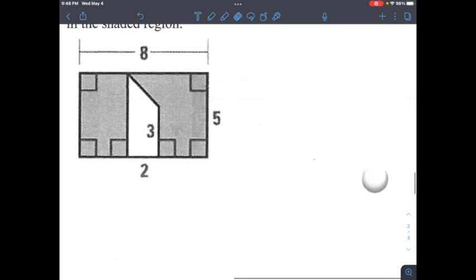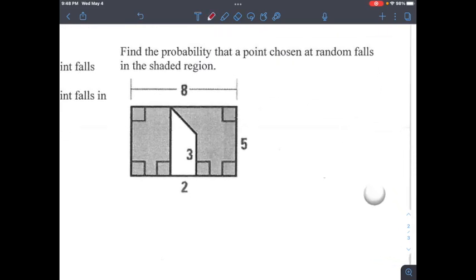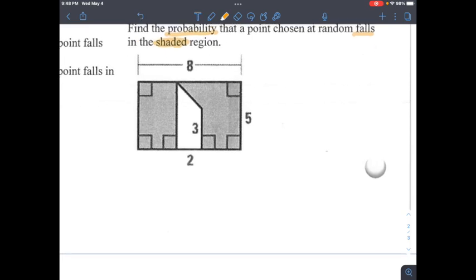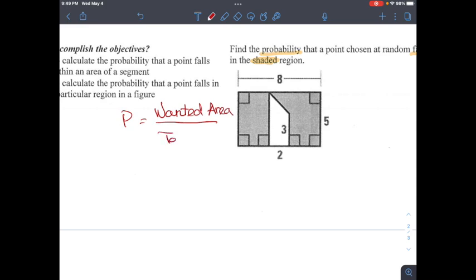So for the way I would like to do it, again, the problem is to find the probability that the point chosen falls in the shaded area. So that means, again, probability is equal to wanted area over total area.